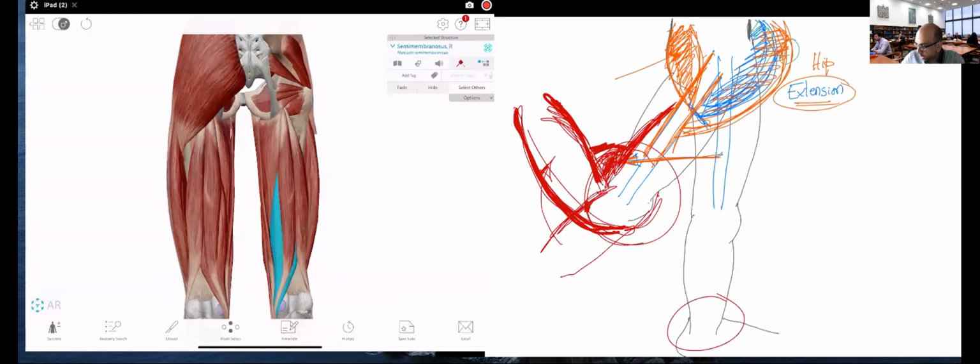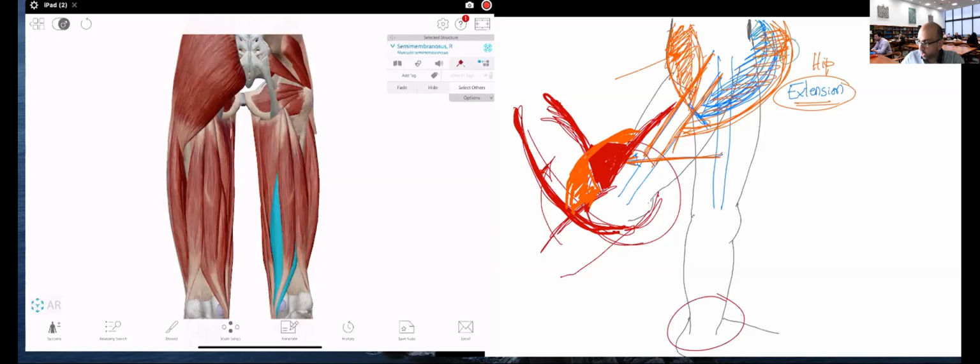What happened to the angle of the joint? This is after I contract. This is before I contract. So after I contract, what happened to the angle of the joint? It has been reduced.